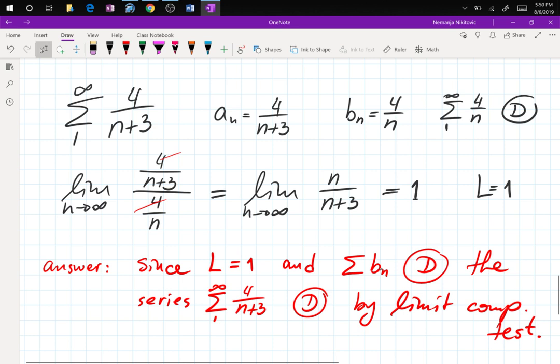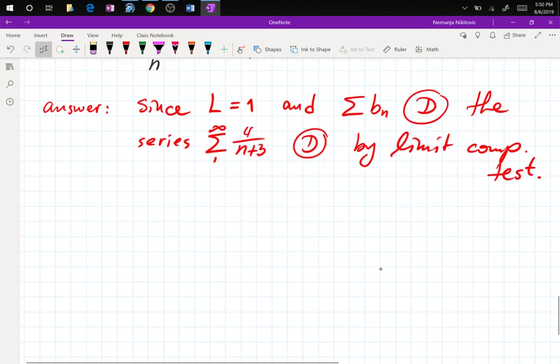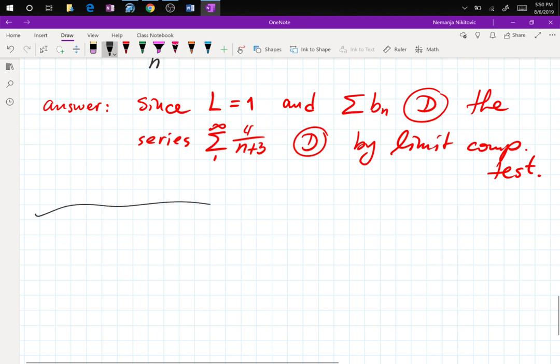So it's time to take a look at some problems from homework and see what kind of monstrosities they have in here. You have to be good with p-series because most of the sequences you're going to compare with will be some form of the p-series looking problem. So let's take a look at a whole bunch of these problems.